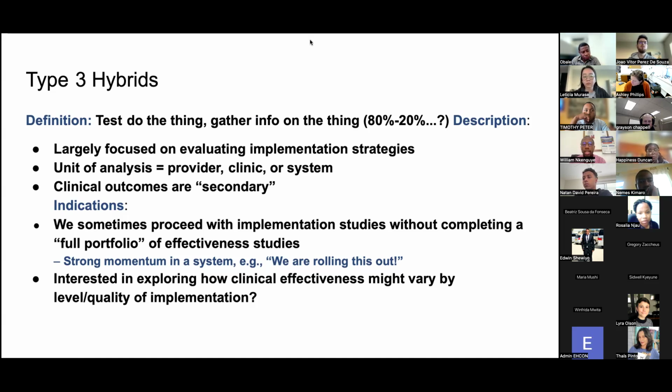So type 3 designs largely focus on evaluating implementation strategies rather than the effectiveness part. The unit of analysis can be a provider, maybe a clinic or a system or a strategy, and the outcomes are secondary here. I forgot to mention earlier that primary outcomes are the outcomes that are the key focus.